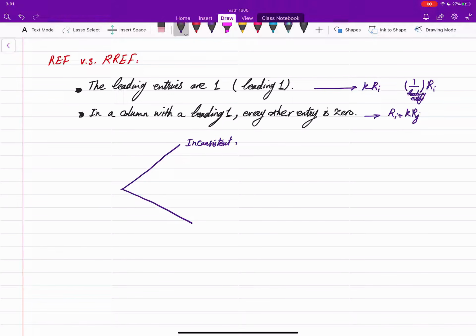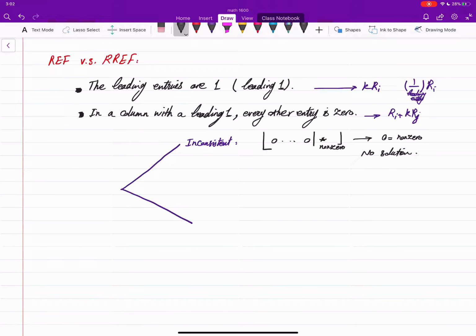What happens is that there is a row which is 0 on the left-hand side of the separating line and non-zero on the right-hand side. In this case, if you write down the equation for this, you get 0 equal to non-zero. This means that it is not consistent.